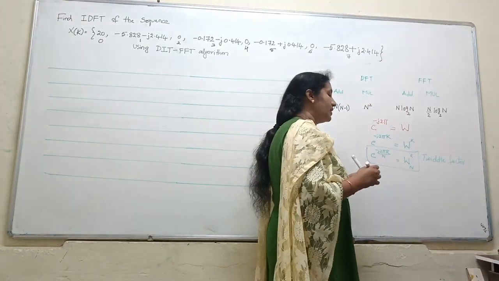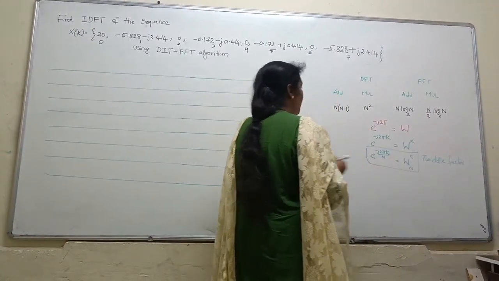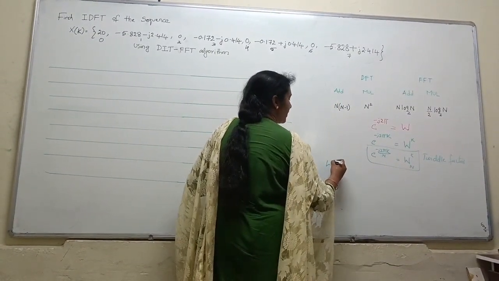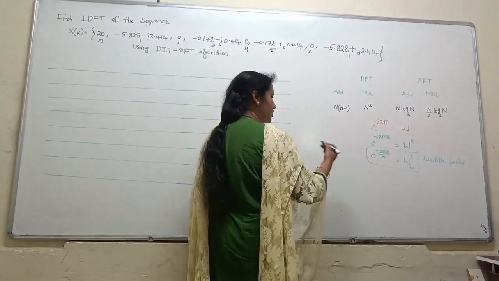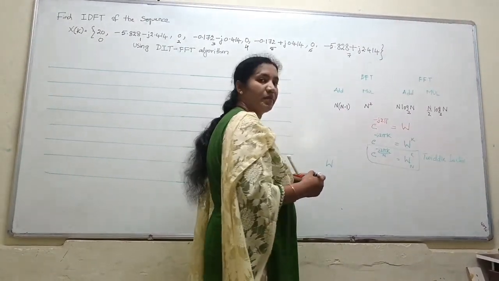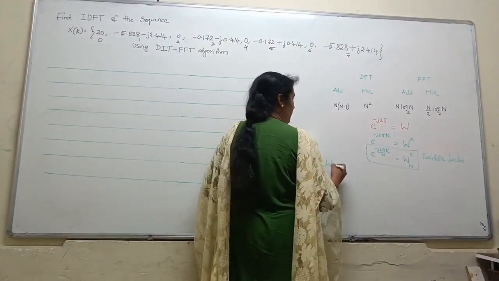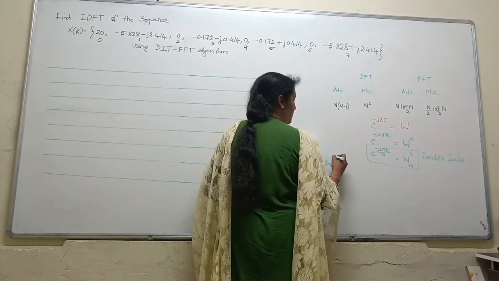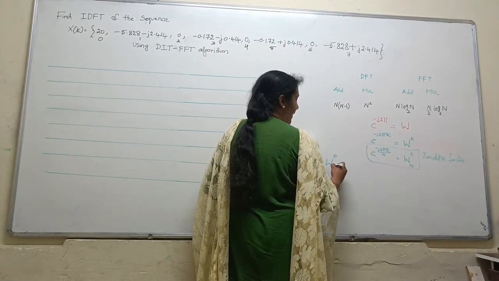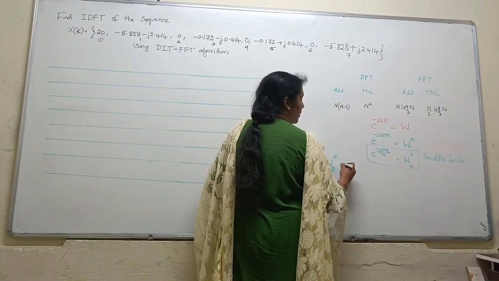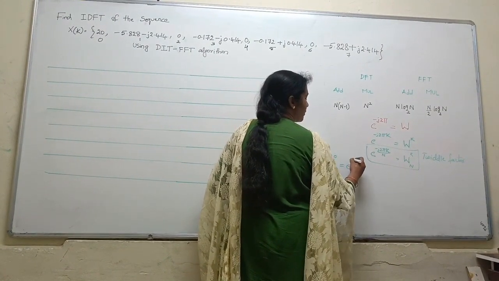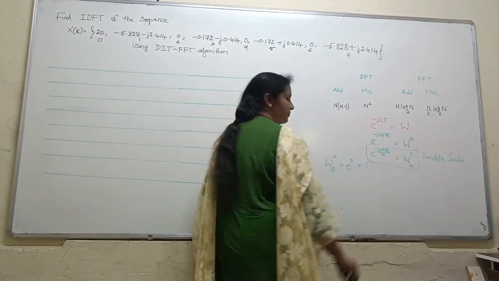Now let us see here. If we find the twiddle factor like this, we will keep this topic aside, but we will find a few parameters by taking k is equal to 0 and n is equal to 8. Then you will get e power 0, which is equal to 1.